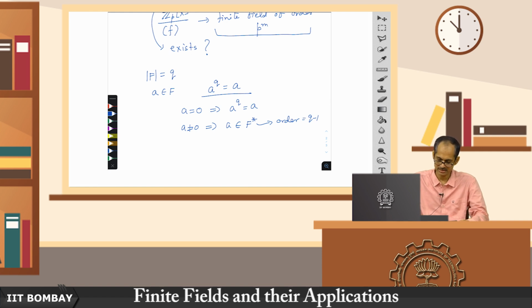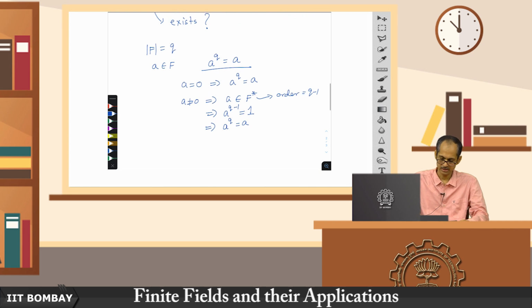So, A is an element of a multiplicative group of order q minus 1, and hence A, if you multiply with itself q minus 1 times, that is A power q minus 1, is the identity element of the group, which is 1, and then if you multiply A on both sides again, we get A power q equal to A. So, either when A is 0 or A is non-zero, in both cases we have A power q equal to A. So, this is proved.